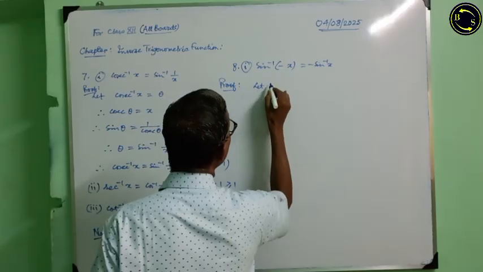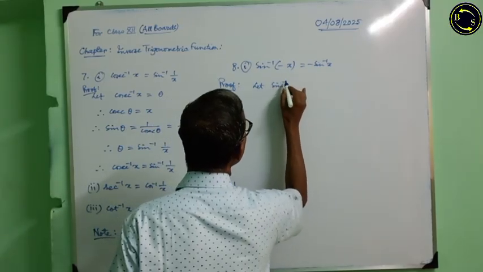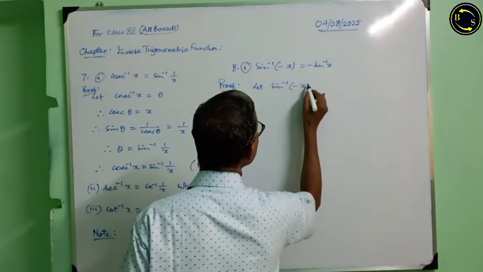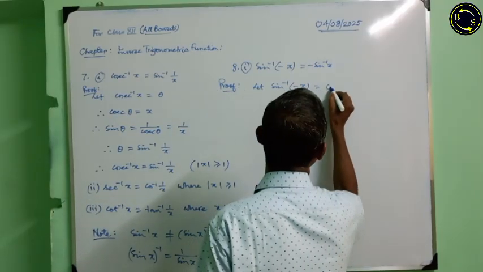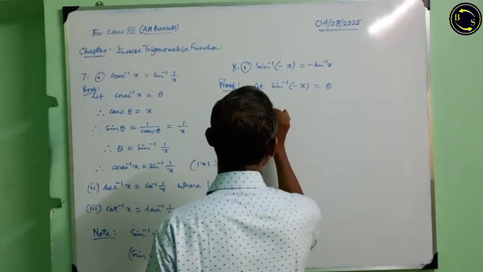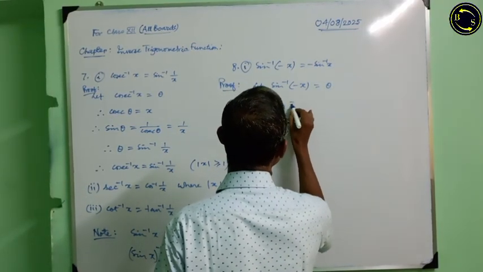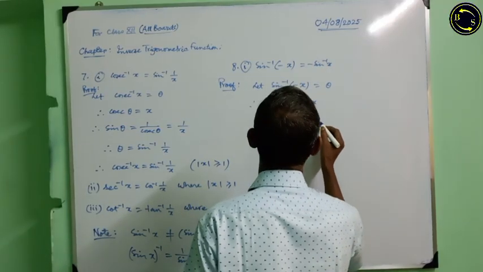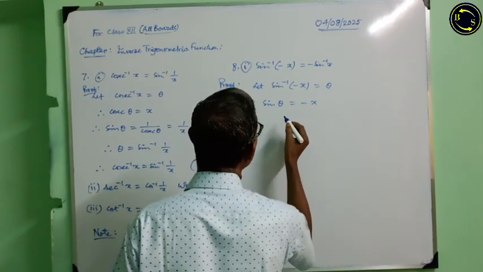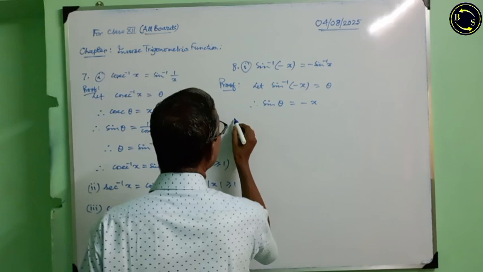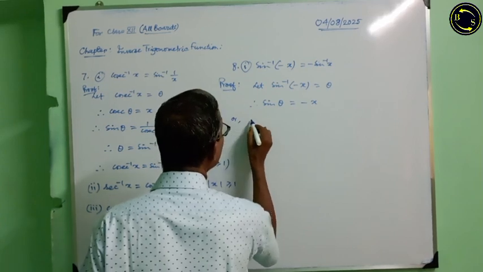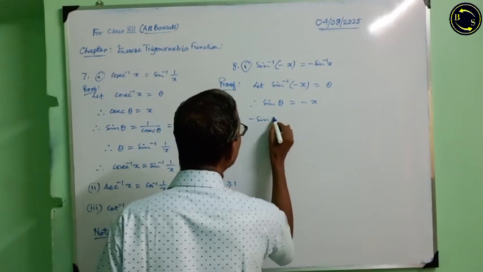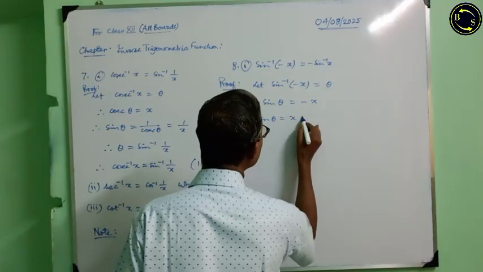Let sin inverse of minus x is equal to theta. Therefore, sin theta equal to minus x or minus sin theta equal to x.